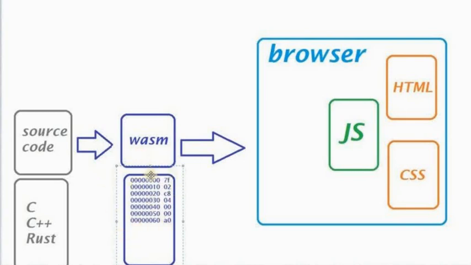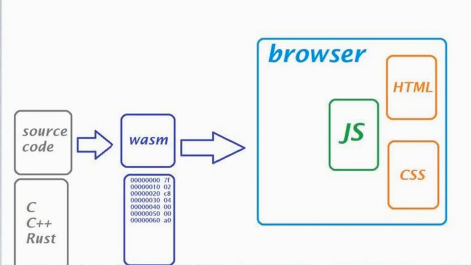WASM is just a binary executable file which is fetched through JS, and the DOM APIs or anything else can be accessed with WASM through JS. So we have source code written in C, C++ and Rust, which is compiled into WASM and then used inside a browser.